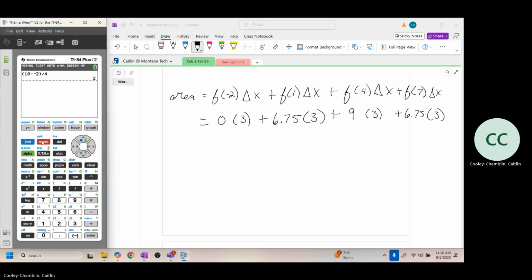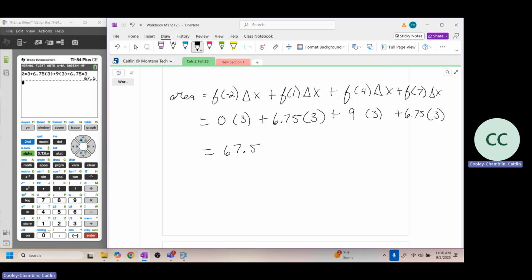Okay, so if we calculate it this way, we have 0 times 3 plus 6.75 times 3 plus 9 times 3 plus 6.75 times 3. And we get 67.5. So the estimate of my area is 67.5.